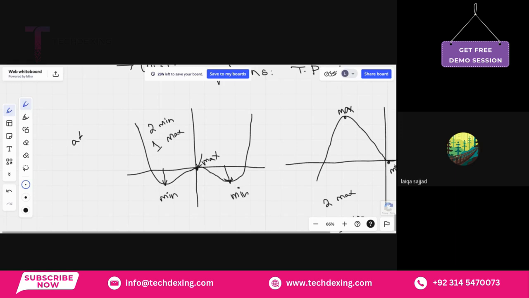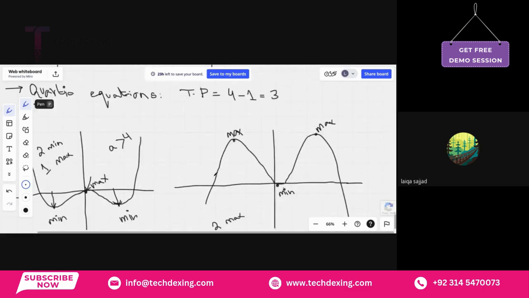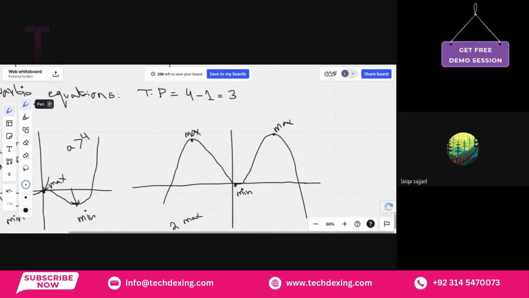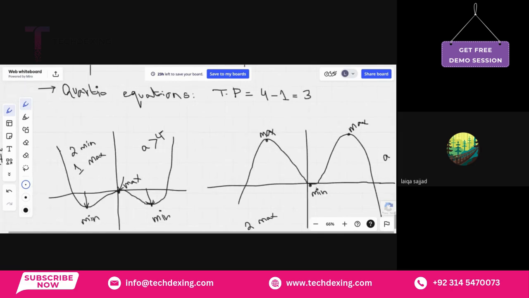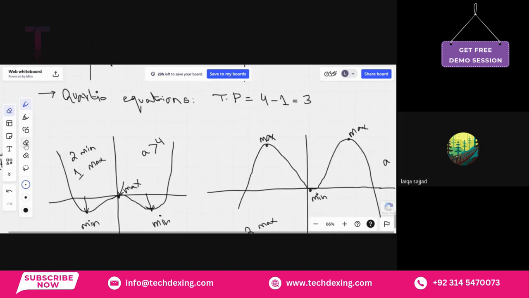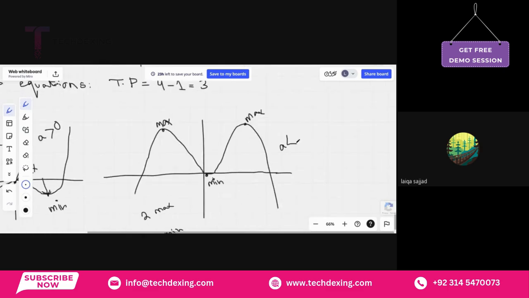If I have ax4, a term in the equation, and the coefficient written with x4 is positive, we will get this graph, where we will have two minimums and one maximum in between. If the coefficient written with x4 is negative, less than 0, you will get this graph.